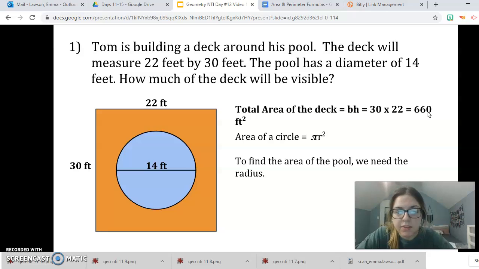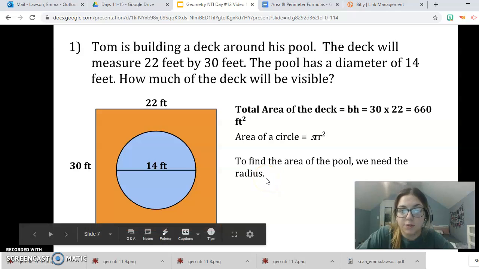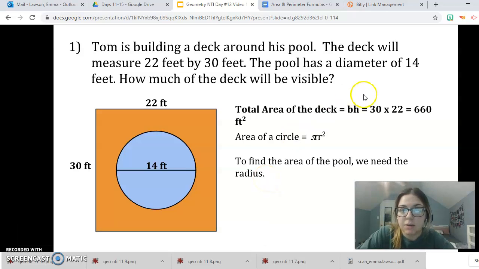Our next step is to find the area of the circle. And the area of the circle formula is pi r squared. So to find the area of this pool, we need the radius. But it gave me the diameter. Okay, but we're looking for the radius.